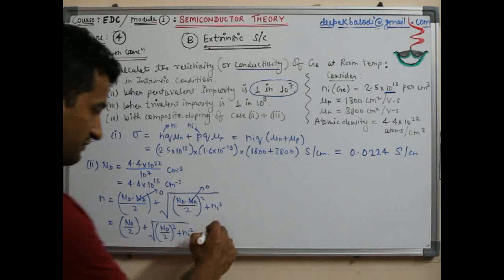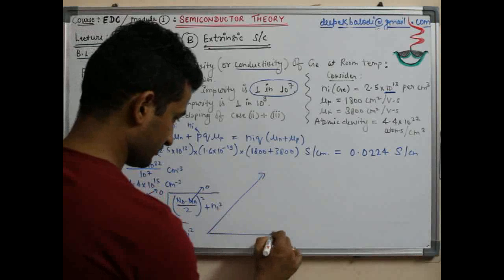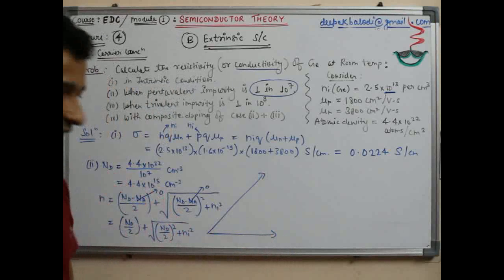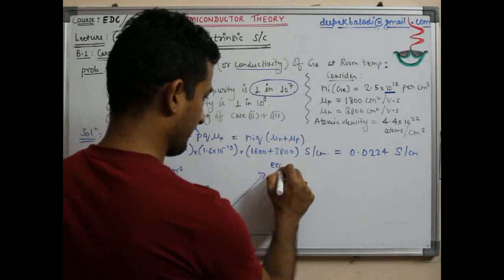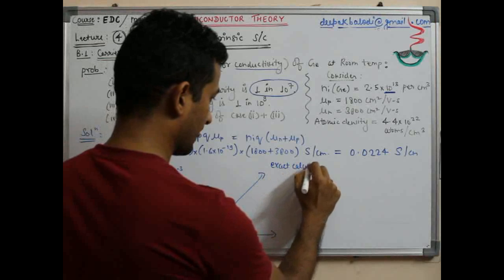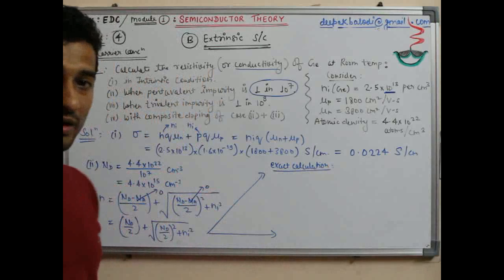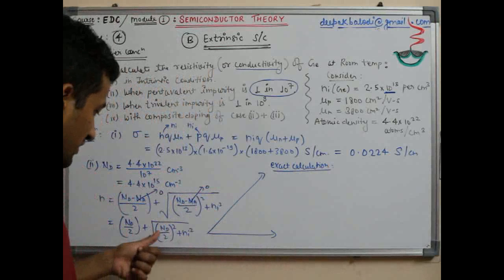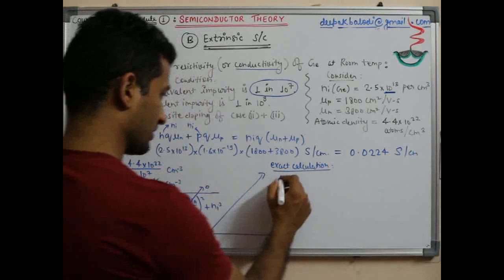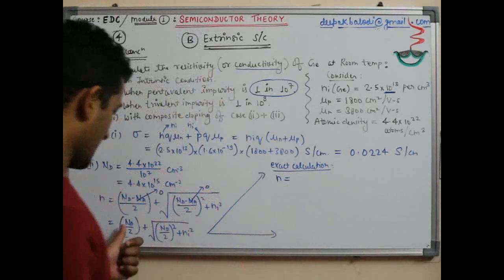Now it depends. If we do the exact calculation, we do not take any assumption; we keep Nd and we keep ni. So n will come as Nd/2.